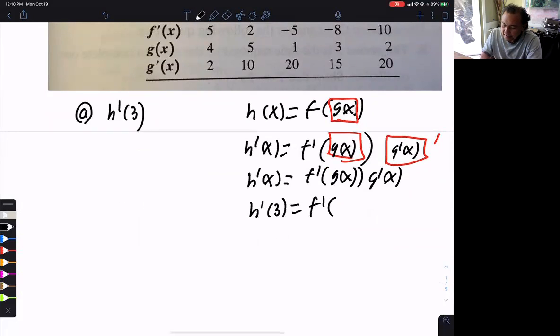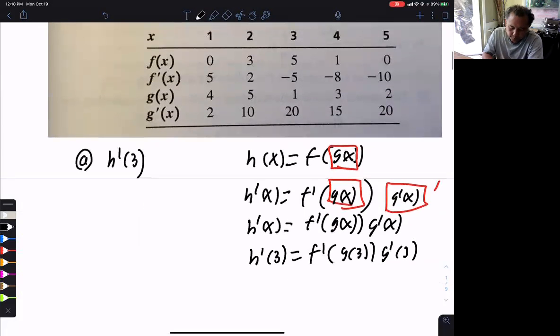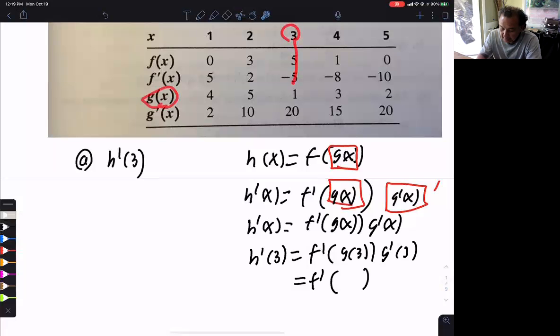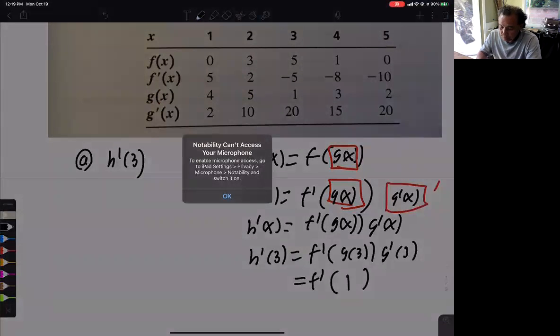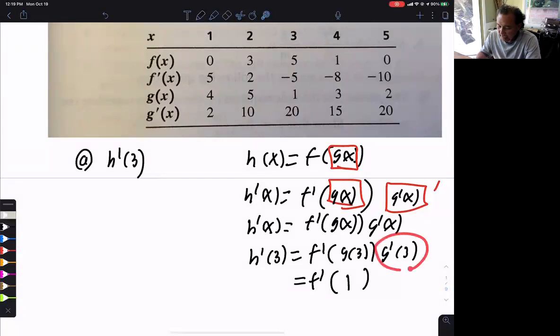Now they want H prime at 3. So we replace all the X's with 3 and look at the table. Let's do one step at a time. What's G of 3? Here's G, here's 3. It equals 1. So we put a 1 there. And then, what is G prime at 3?